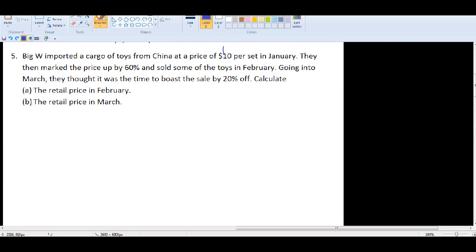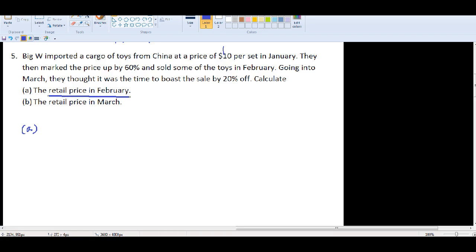Number 5. Big W again imported a cargo of toys from China at a price of $10 per set in January. They then marked the price up by 60% and sold some of the toys in February. Going into March, they thought it was time to boost the sale by 20% off. Calculate the retail price in February.